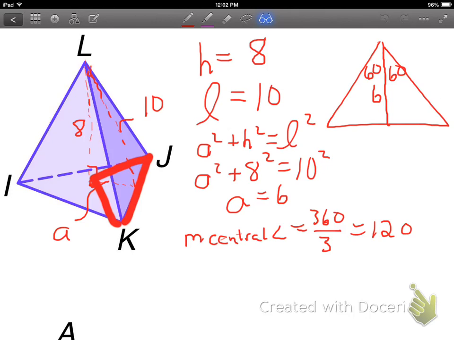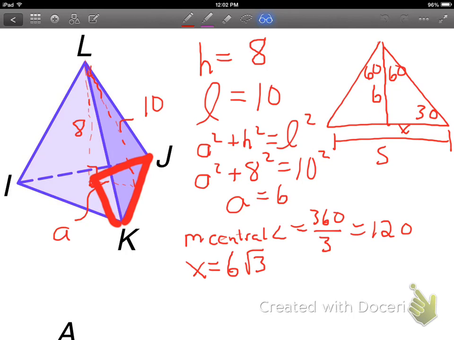Okay, well, in that case, if we could find that side length, this is half of a side length. Well, I can use my 30, 60, 90 rules, because in a 30, 60, 90, you know that long equals short root 3. That means that x in that picture is equal to 6 times the square root of 3.